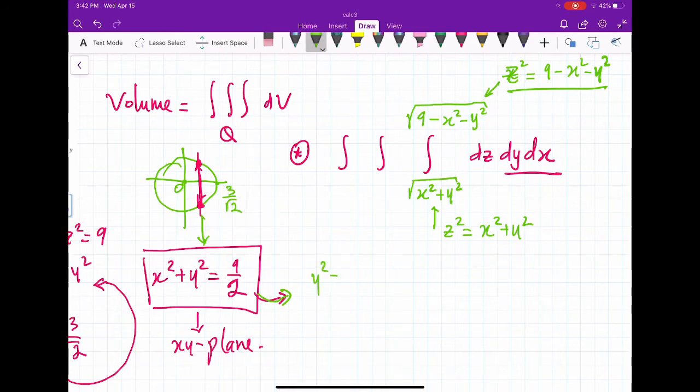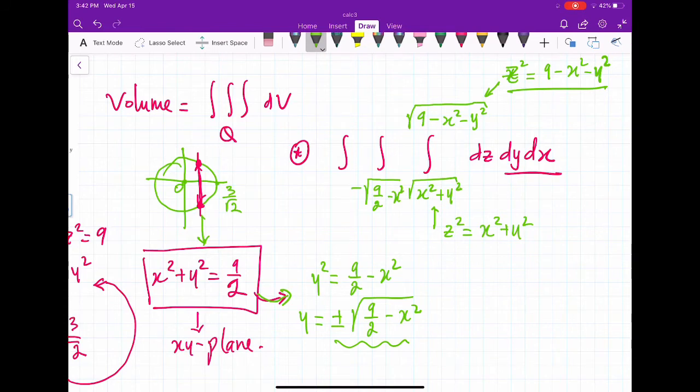So I have y squared equal to 9 over 2 minus x squared, and y equal to plus or minus the square root of 9 over 2 minus x squared. And I just copy these two numbers in here. We get negative square root of 9 over 2 minus x squared to square root of 9 over 2 minus x squared. And x goes from where to where? It goes from negative 3 over square root of 2 to 3 over square root of 2.